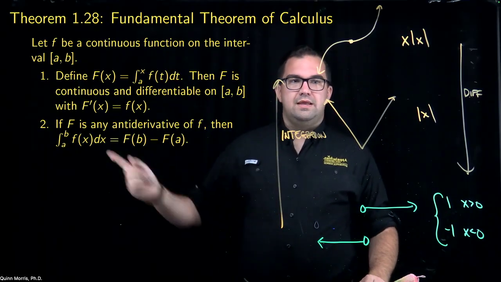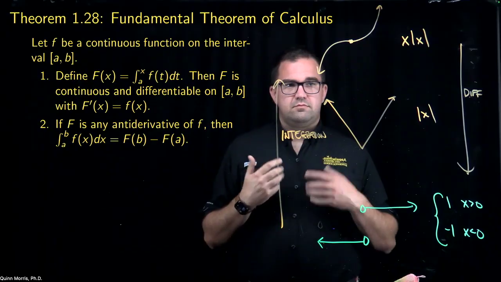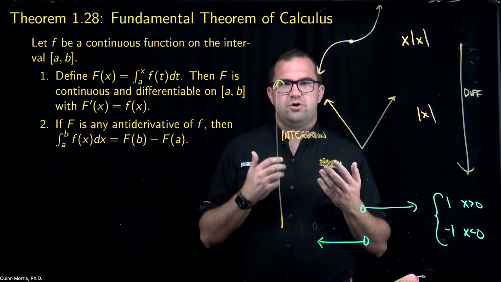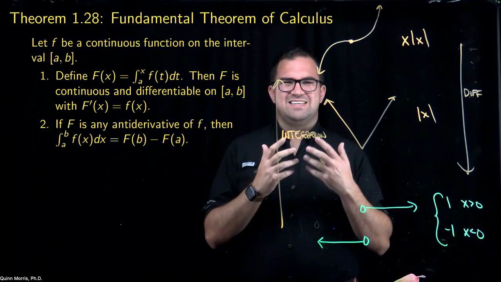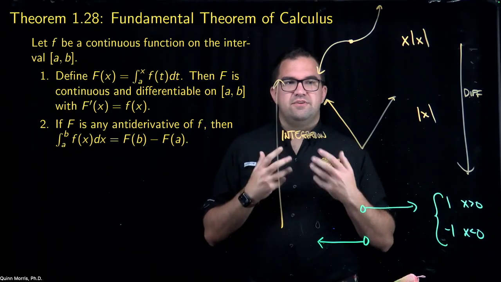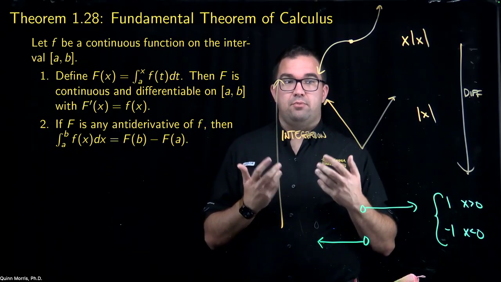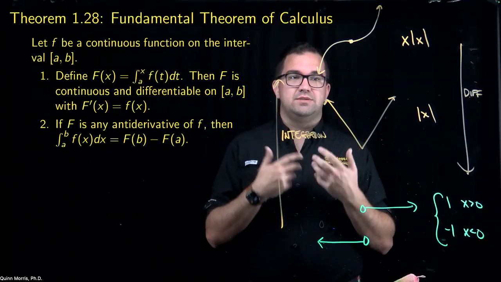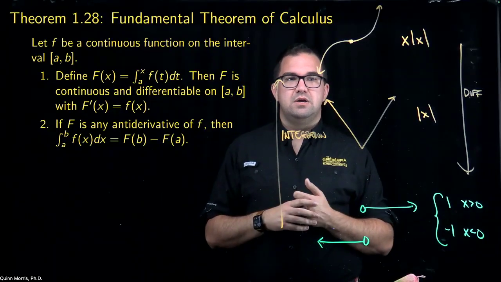Now, hidden within both of these is one final notion, which is that differentiation and integration are almost like inverse operations in some appropriate sense. We think of differentiation as an operation that acts on functions, and we think of integration as an operation that acts on functions.